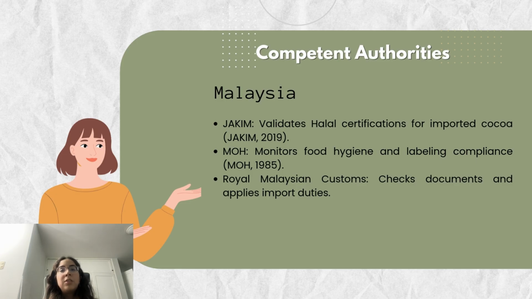In conclusion, Peruvian authorities are focused on preparing the product for export, while Malaysian institutions guarantee that imported cacao follows both health and halal standards. Together, they help ensure that Peruvian cacao can enter the Malaysian market successfully.